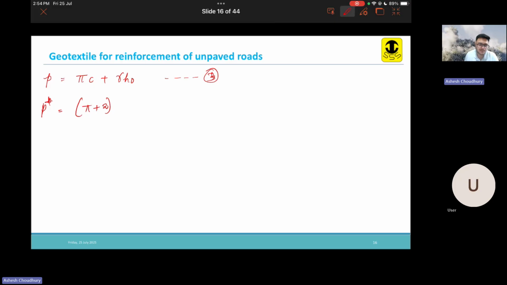That's why I'm taking pi c. When you use geotextile, it goes to the plastic limit, that is pi plus 2c. So this is the concept: pi c is the elastic limit, and when we use a geotextile, it goes above that limit, to pi plus 2c.